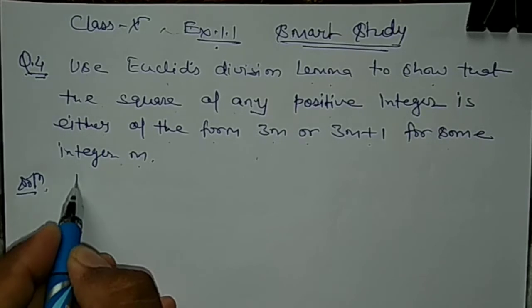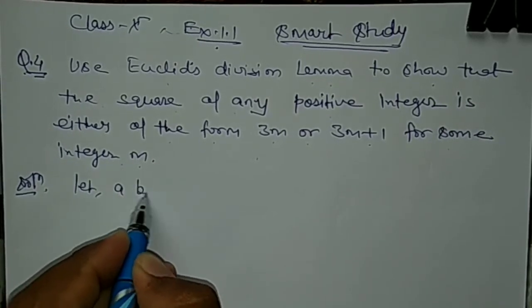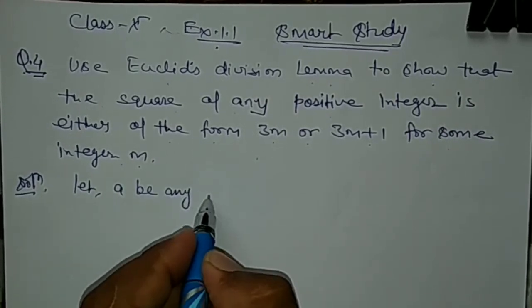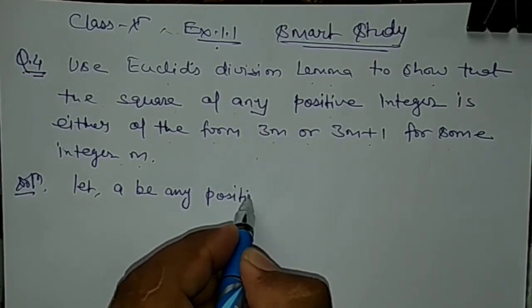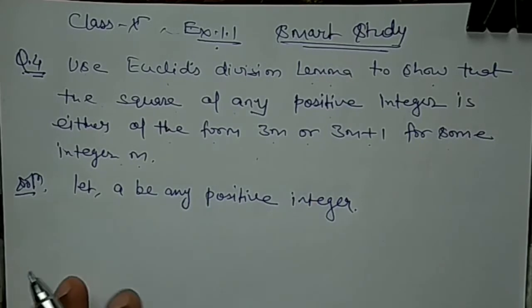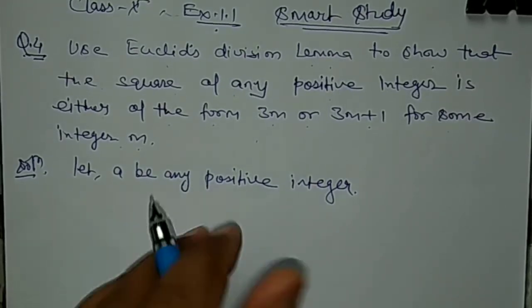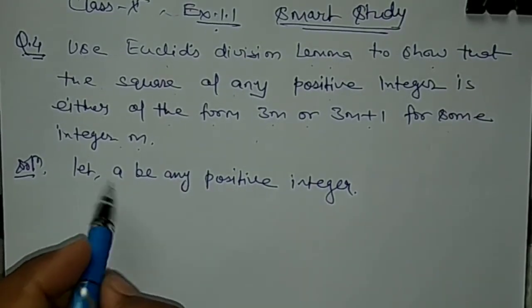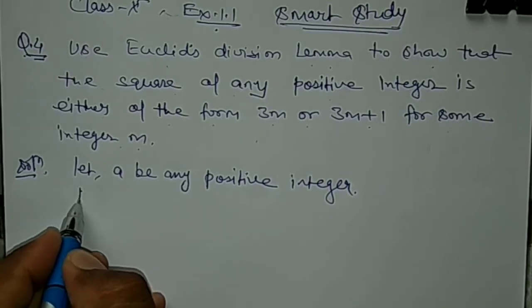Let a be any positive integer, and we have to find out b. So what is the approach here? Approach is same, we have to find out b. So b is how much here?